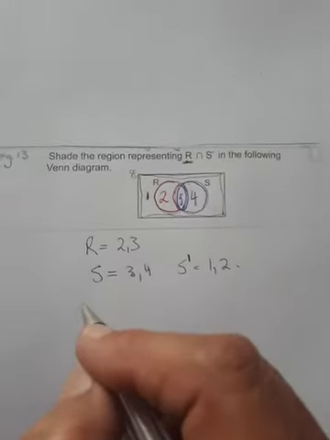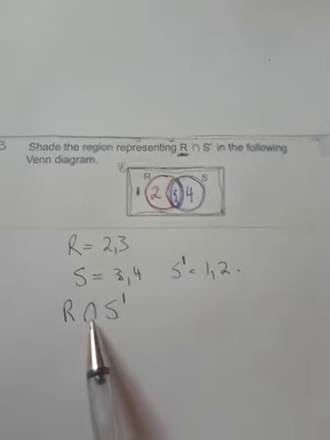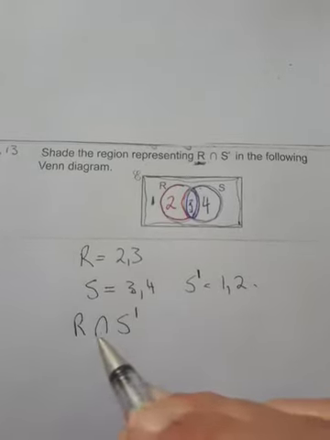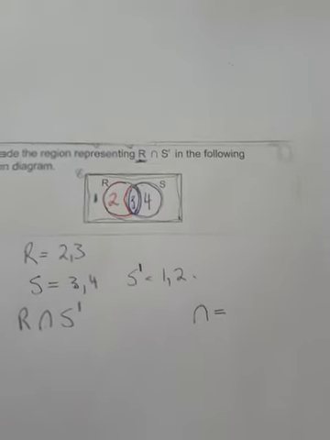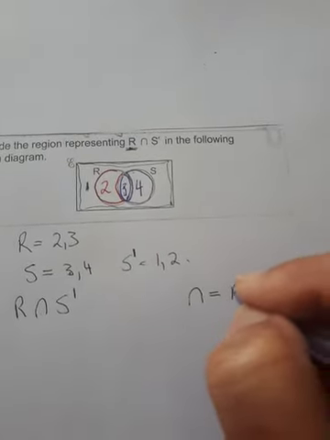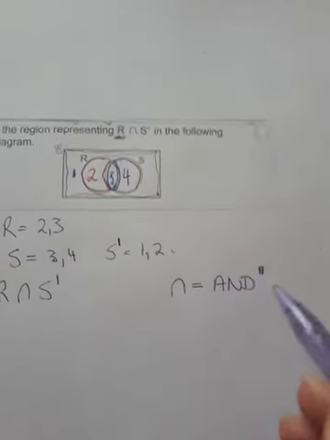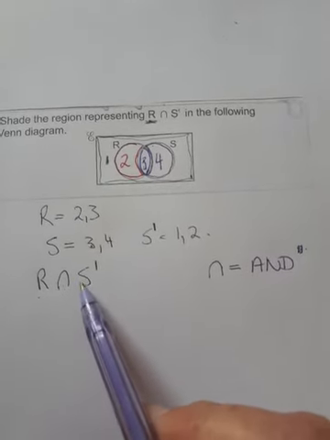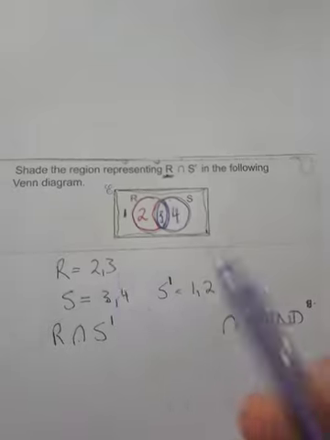Now write out your question. It is R intersection S complement. And remember, intersection is and, which means everything that is in R and in S complement. So if we look at it, R is 2 and 3.